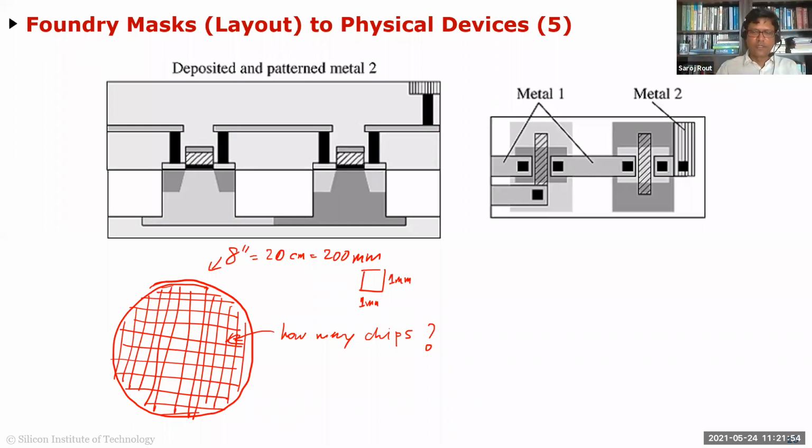So I gave you a problem where you have an 8-inch wafer and you've designed a chip which is 1 millimeter by 1 millimeter. You send this to the fabrication house, they use the 8-inch wafer and fabricate it. How many chips are you going to get?